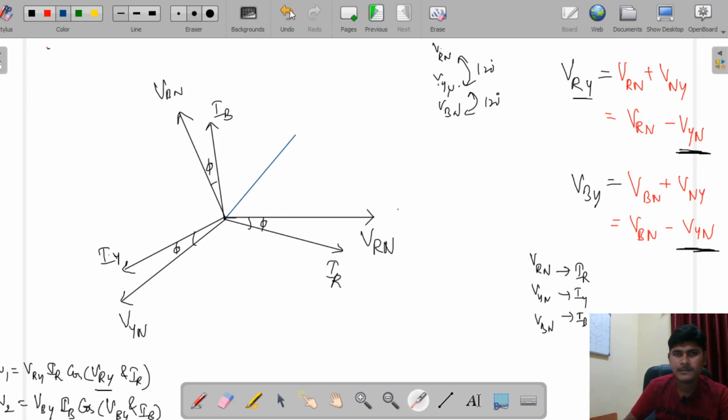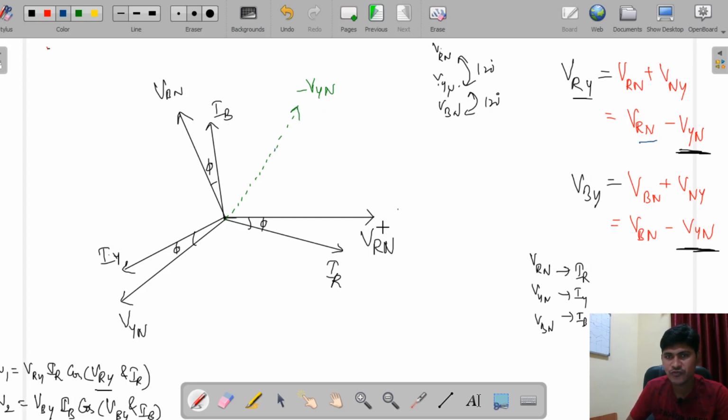Okay, if this is VYN, then this will be minus VYN. Now what is VRY? VRY is the phasor sum of VRN and minus VYN. You have minus VYN, and you have VRN.